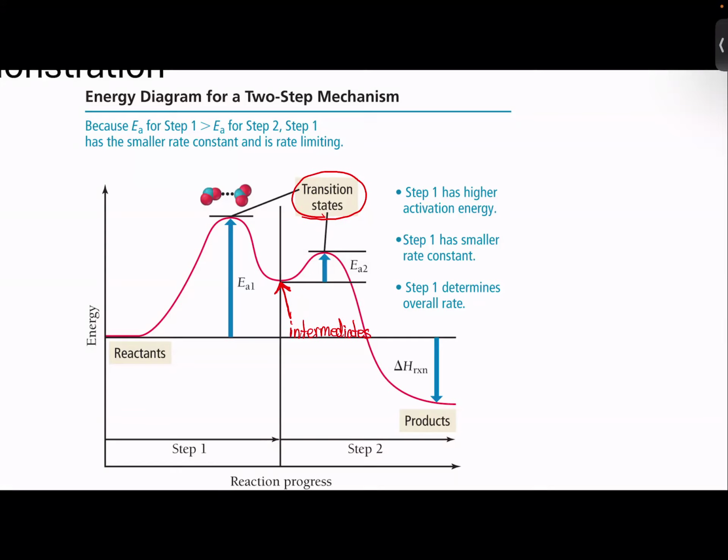Now, one thing I want you to note is when you're determining the energy of activation, it always starts wherever that hump begins. So on the first hump, that energy of activation starts at the level of the reactants. But on the second step, it starts at the level of the intermediates, because it's always going to start where that hump starts.